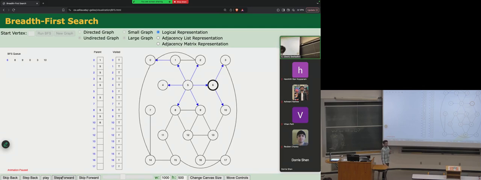What is the distance of 6? 1. It's 1, right? Because it's the predecessor, so it's 1. What is the distance of 8? Distance of 9? 0? 3? 10? Okay, so what did you observe about the queue?